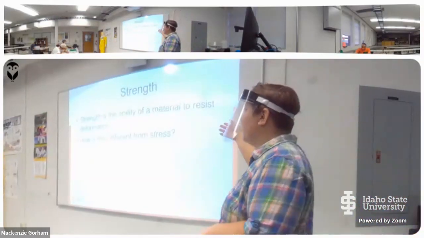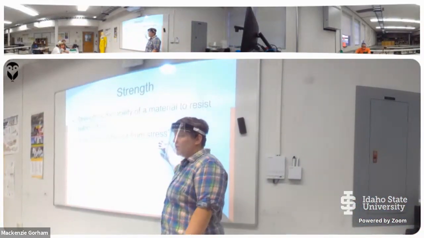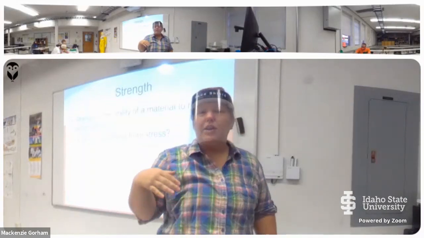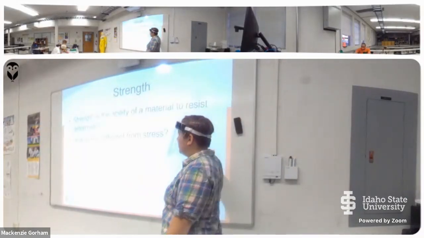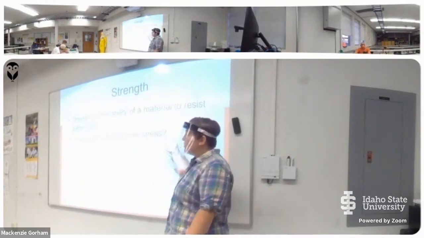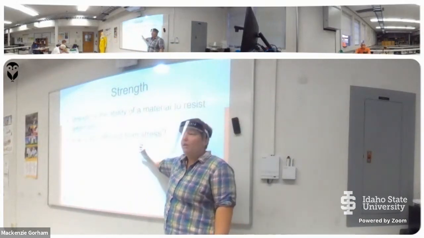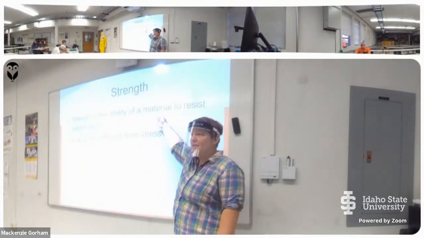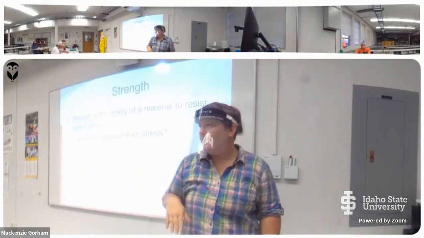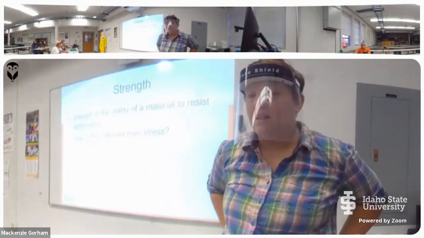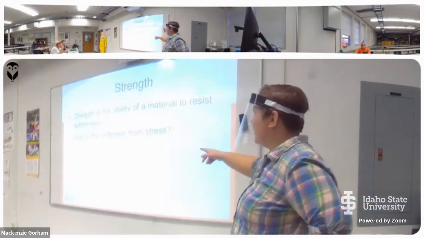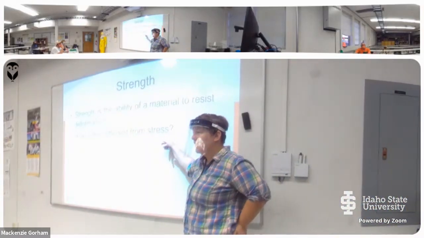Yes, it's the internal counterforce to strain. So if strength is the ability of a material to resist deformation, and stress is the counterforce to that load that's put on it, how are these different? How is strength different from stress?